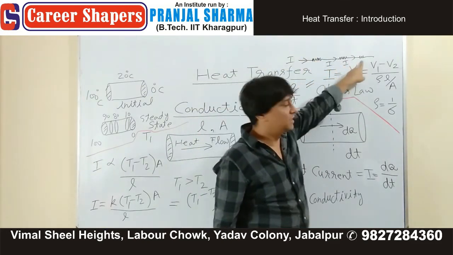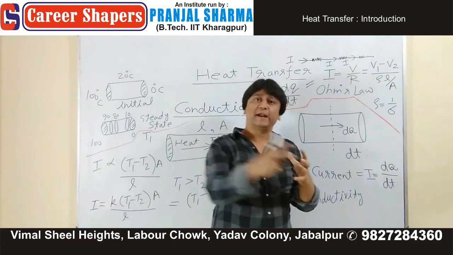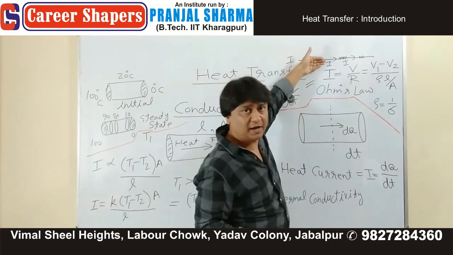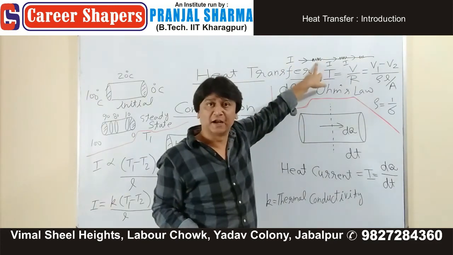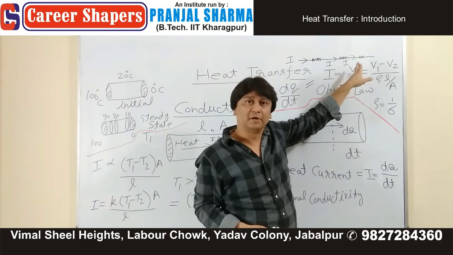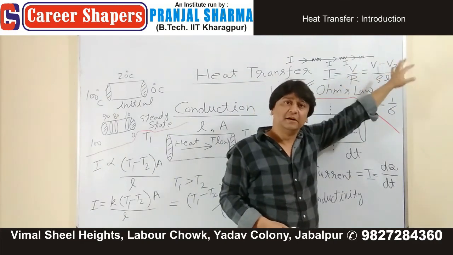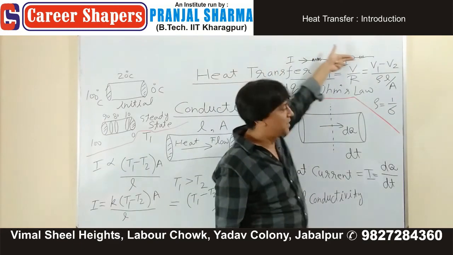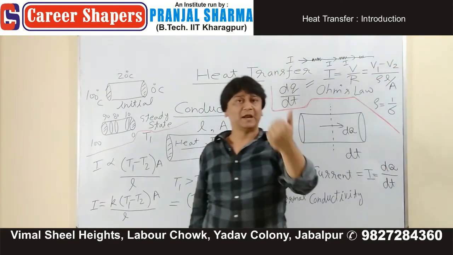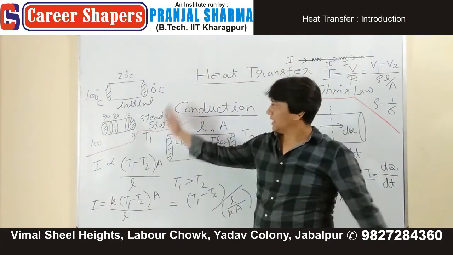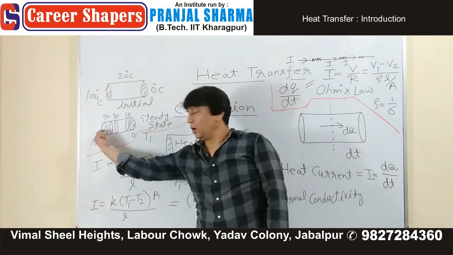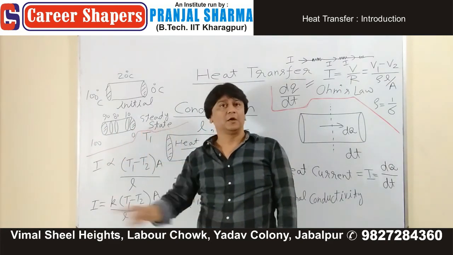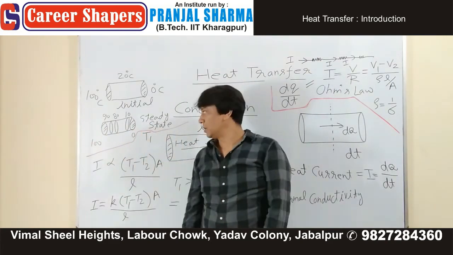No resistor accumulates these electrons. It doesn't happen that 20 move, and out of them this one keeps 2. Now 18 are left, this one keeps 3. 15 are left. No. Electrons are simply moving without being absorbed. Similarly at steady state, all that heat is moving through different cross sections without getting absorbed.